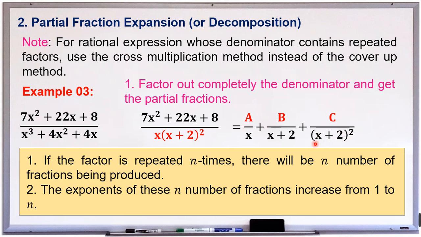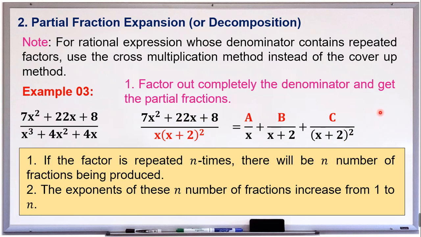And we terminate at this point because we already reached the maximum exponent that is equal to 2. In other cases, say for example, if x plus 2 is repeated thrice, we're going to terminate our partial fraction up to d over x plus 2 raised to the power of 3.